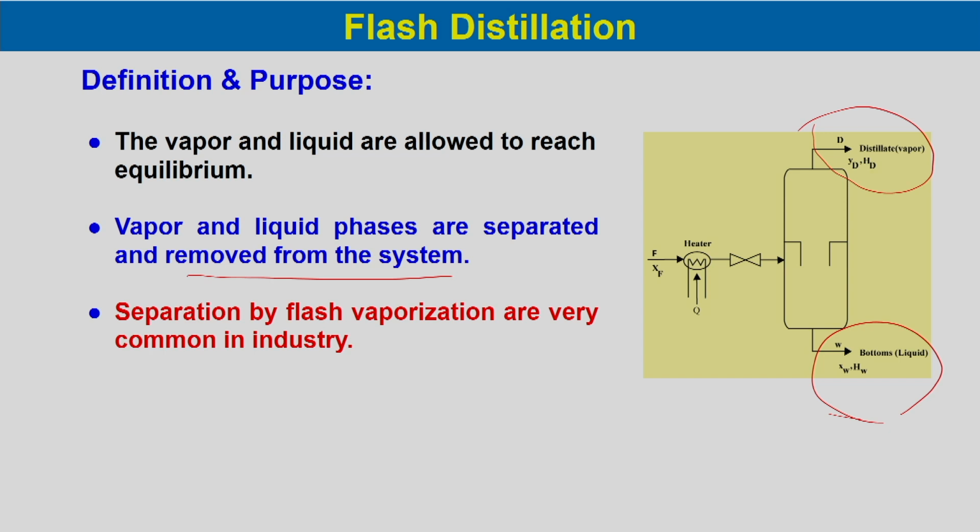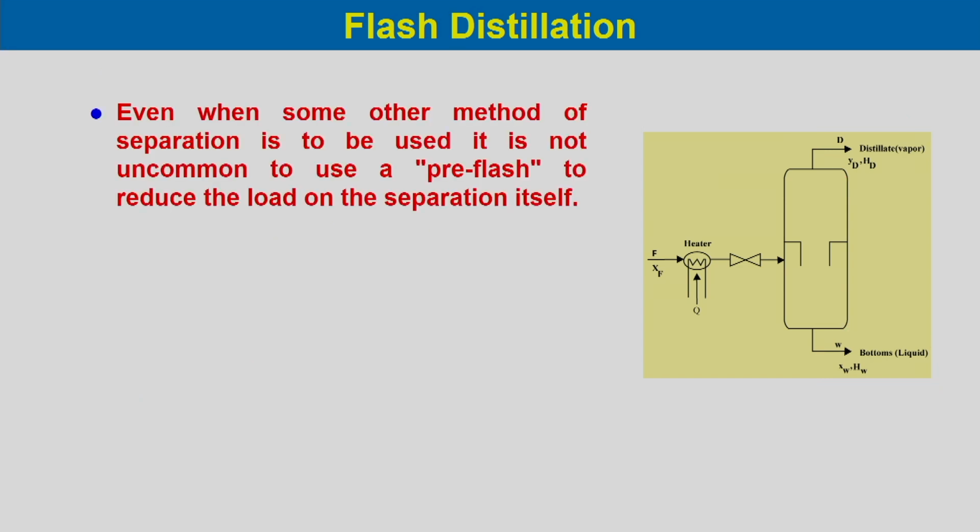Separation by flash vaporization is very common in industry. For example, in petroleum refining this flash vaporization is extensively used. Even when some other method of separation is to be used, it is not uncommon to use a pre-flash to reduce the load of the separation itself.